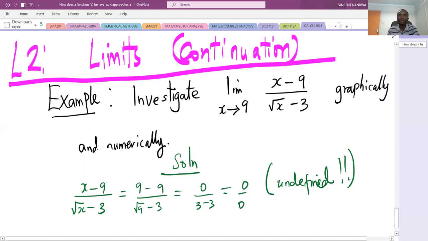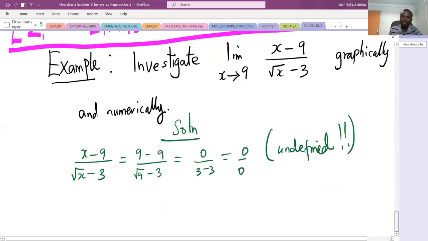So therefore, what we do, we try to find the behavior of the value of this function as x gets closer and closer to 9, both from the left of 9 and then the right hand side of 9. So if this is 9, then here we have 10, and here we have 8.